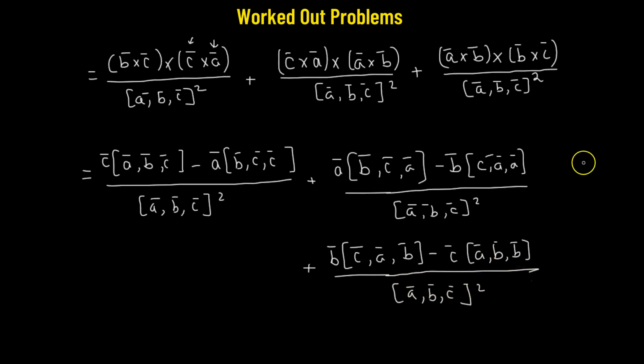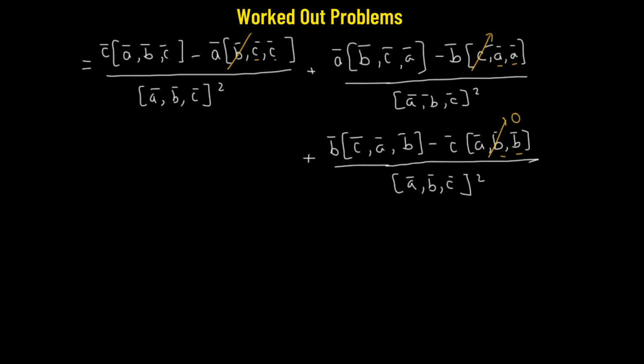Now, if we use the definition of a scalar triple product, this term will go to 0 because we have C vector and C vector repeating. Here, this will also go to 0. A vector is repeating, and we have B vector repeating. So this scalar triple product goes to 0.